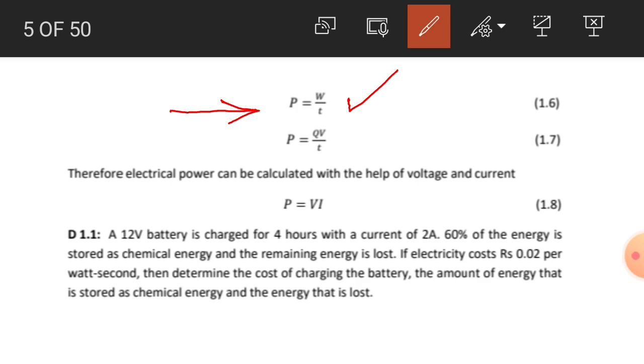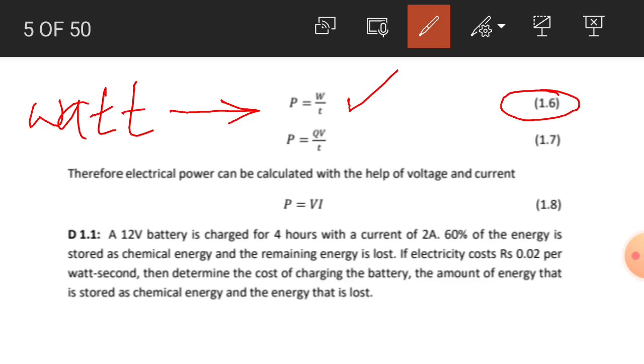The electrical energy per unit time is known as electrical power, and the unit of the power is watt. So the energy per unit time is known as electrical power, and electrical power is measured in watts.